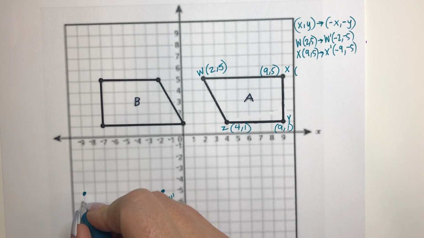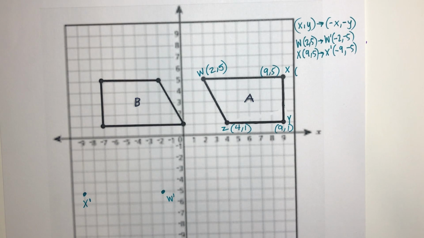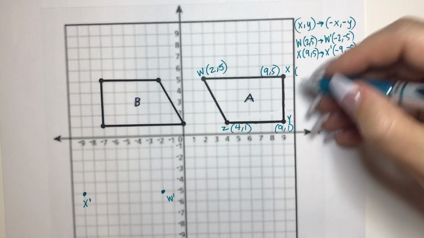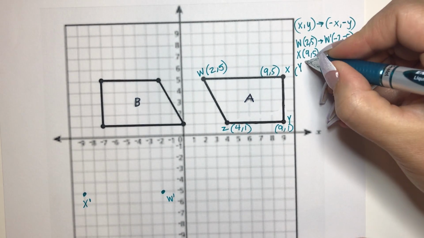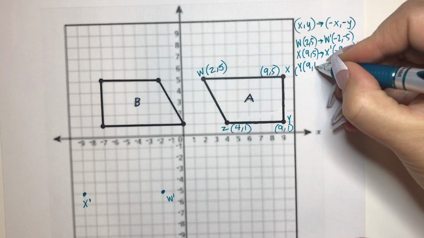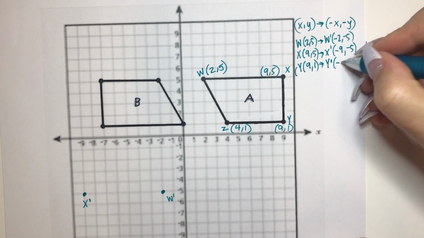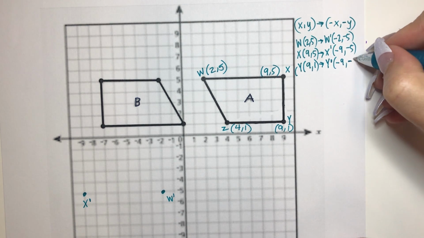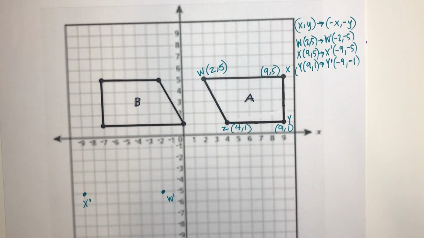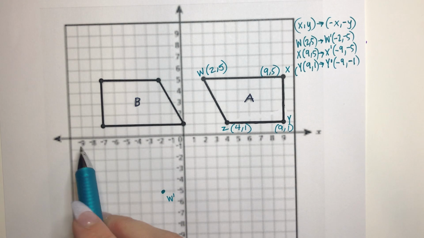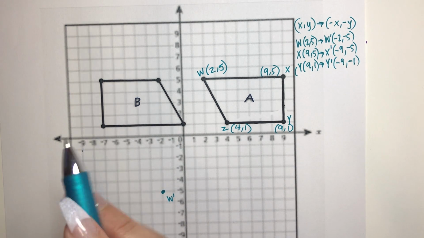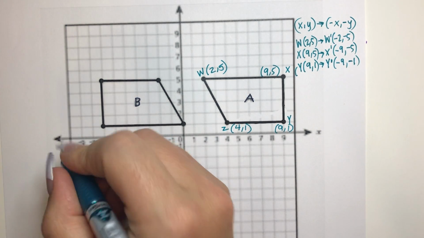And that would be X prime. Let's go to Y, and that's (9, 1) going to Y prime. Everything gets to be negative, right? So (negative 9, negative 1) would be right here, and this would be Y prime.